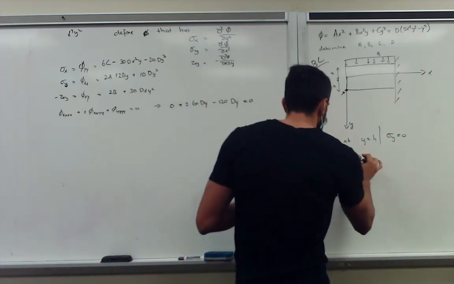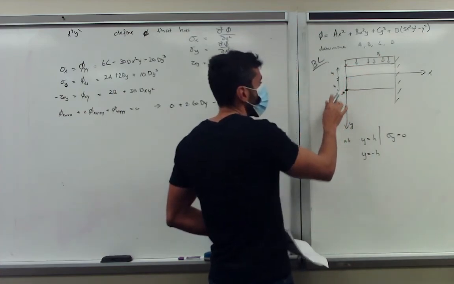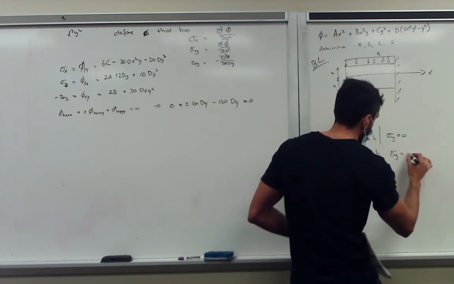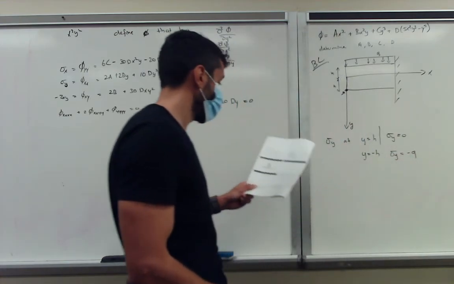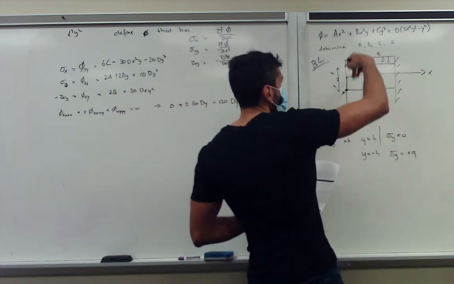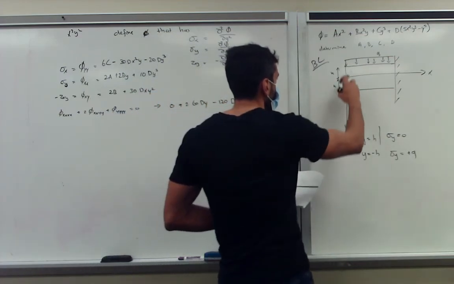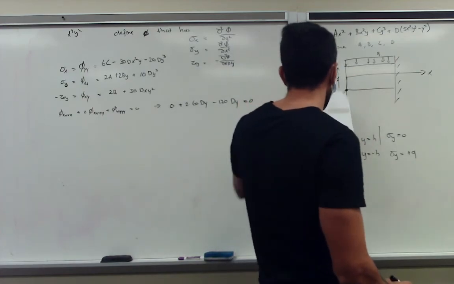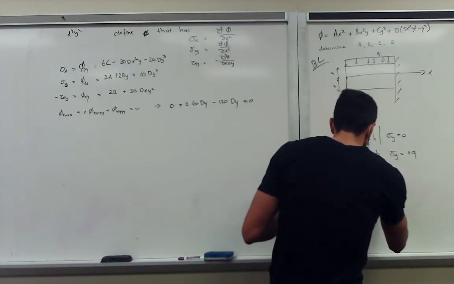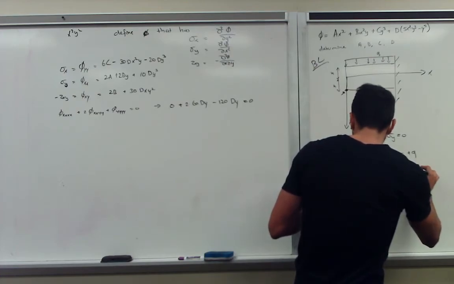We also know that y is equal to minus h, that's on this top, right? Then our stresses must be equal to our given distributed stress, so that's minus q. Actually plus q, because y is positive downwards. And then what we also say is on this face, at y is plus minus h, our shear stress tau xy is equal to 0.